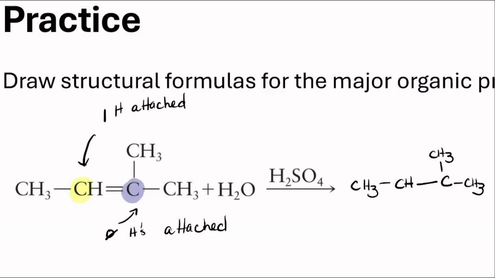And now, let me also put in the highlight of the atoms. Since the carbon that was in yellow has one H, it gets the incoming H. The carbon that is in that purple lavender color gets the OH.